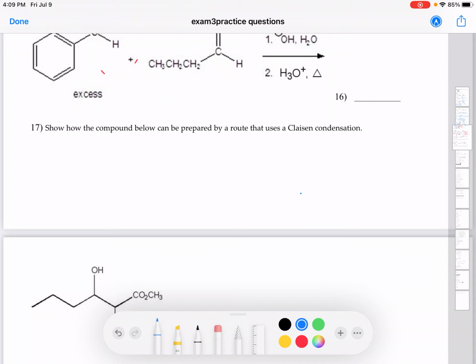So it's a carbon with 4-methyl. On the fourth carbon you have a methyl group, and hexanal means 6 carbons: 1, 2, 3, 4, 5, 6. Hexanal. This is reacting with itself over here.